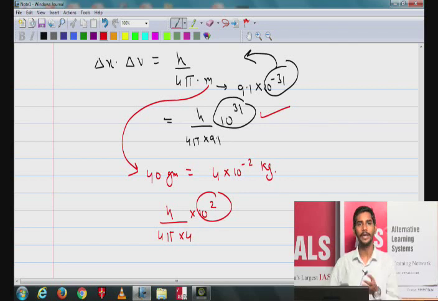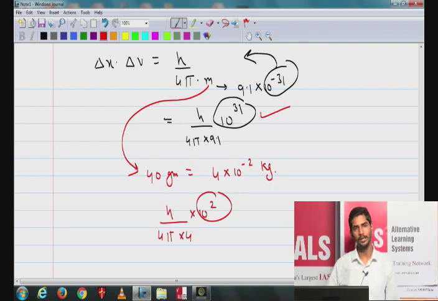So we get more accurate values for objects where masses are less. If masses are high, we get relatively very small values, which are very difficult to deal with. That's why we say masses should be less, or this is applicable to microscopic objects where masses are very small. So this is the concept of point number 2.